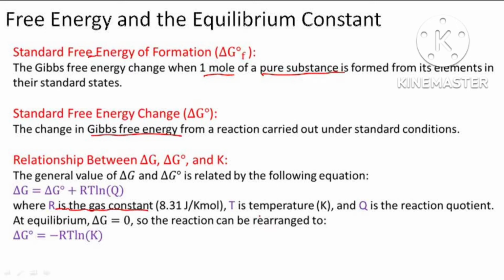Gibbs energy change and equilibrium: this concept is very, very important, and there are some relations. Because delta H, delta S, and delta G are all affected by temperature, you should understand the effect of temperature on the spontaneity of a reaction, how temperature affects delta H, delta S, delta G, and finally the spontaneity of the reaction.